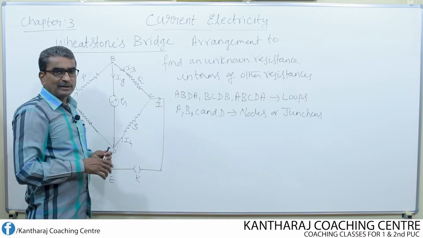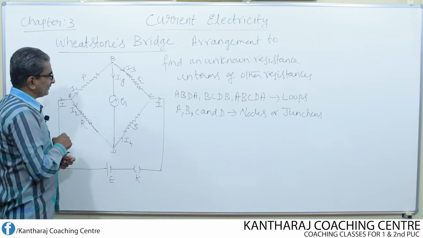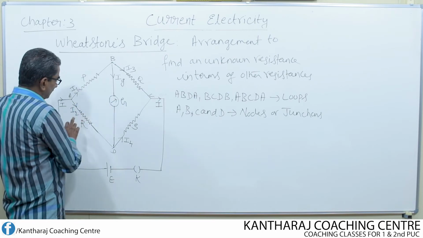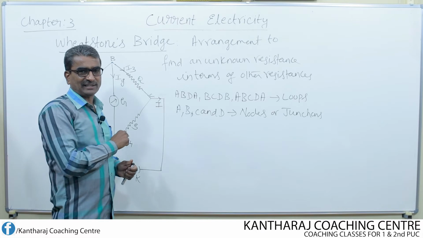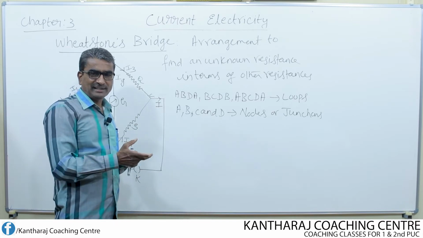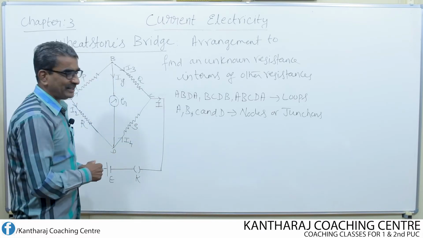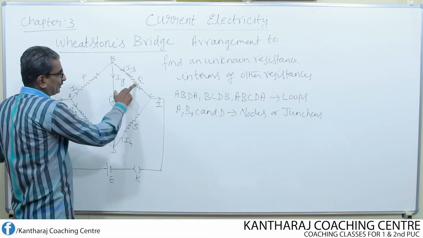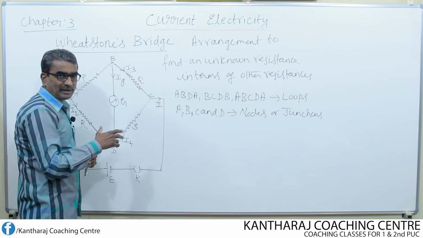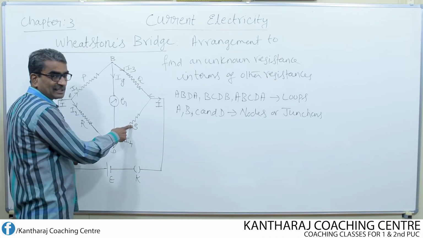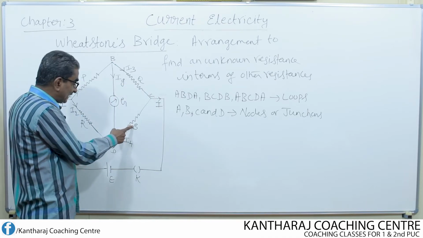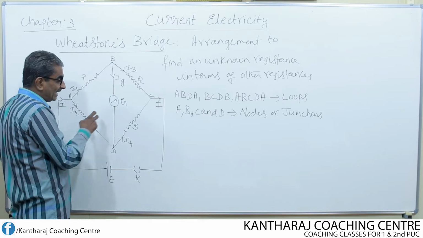So here you have to observe one more thing. The resistances P, Q, R, S are not connected in cyclic order, but in non-cyclic order. What does it mean? If the resistors are said to be connected in cyclic order, then after Q, here the resistor R should be there, but I have written R here and S here.